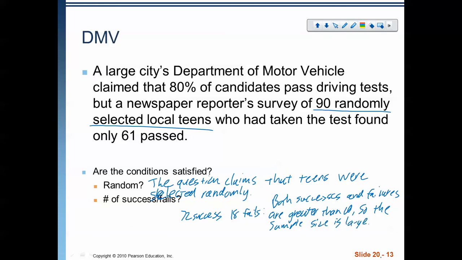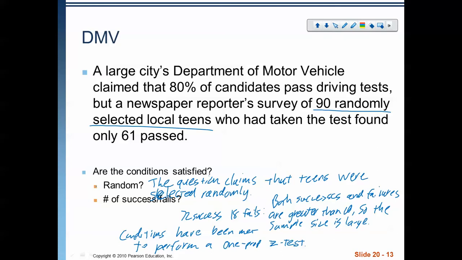And my conditions are met, which means I'm going to write conditions have been met to perform a one prop Z test.